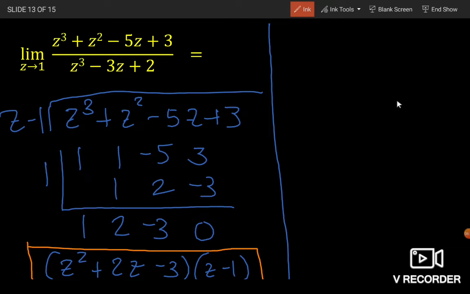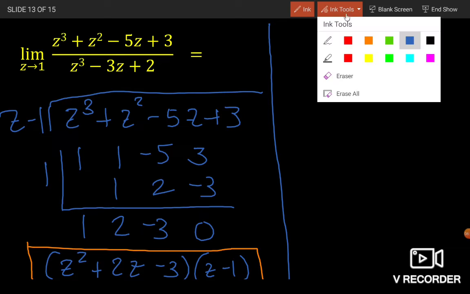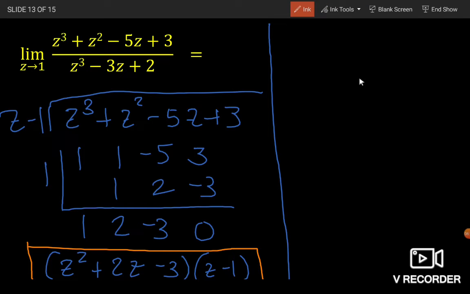You have here z cubed minus 3z plus 2. But it has to be in descending order from the highest power, which is 3, until the lowest power, which is 0, which is z to the 0. You notice here you have z cubed, but you don't have z squared.